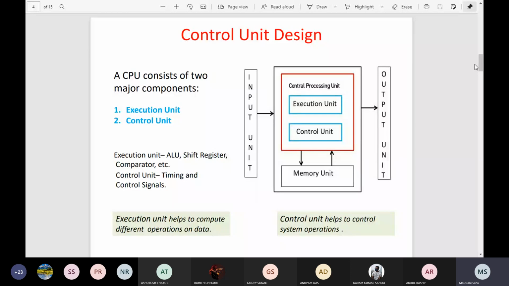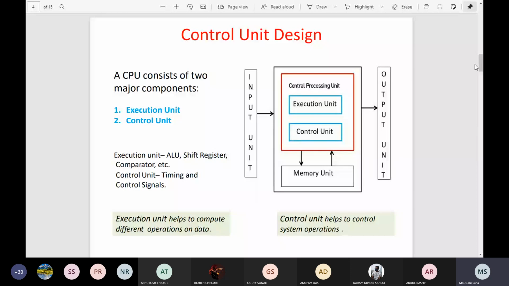The execution unit mainly has all the processing components. If you do addition, subtraction, multiplication, or shifting operation, comparison, these operations can be done with the help of the execution unit.